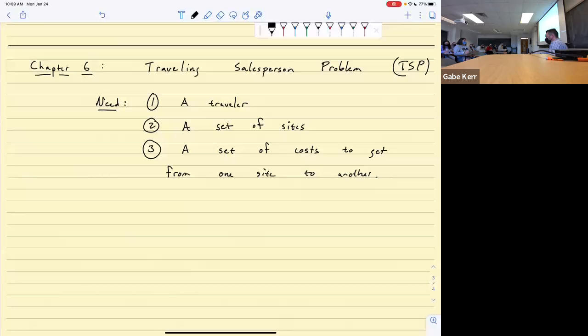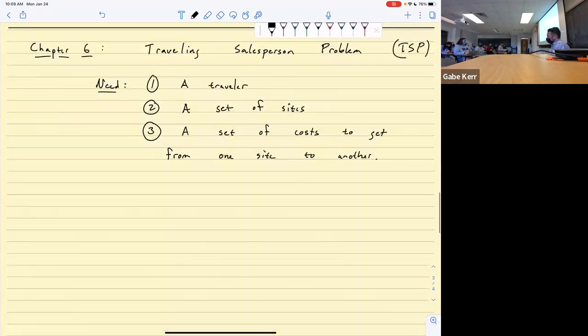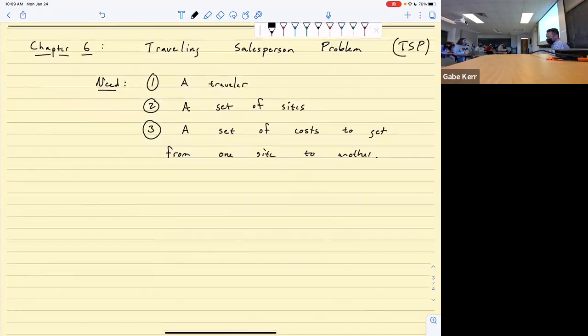If you have a shopping list and you have to visit multiple stores, you have to choose the order in which you go. You don't want to go to one store, then go across town and then go back across town, right? These are very practical problems that you solve all the time. But when you have a lot of different sites, they can become trickier.